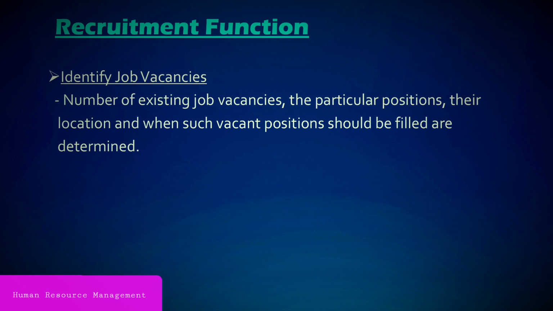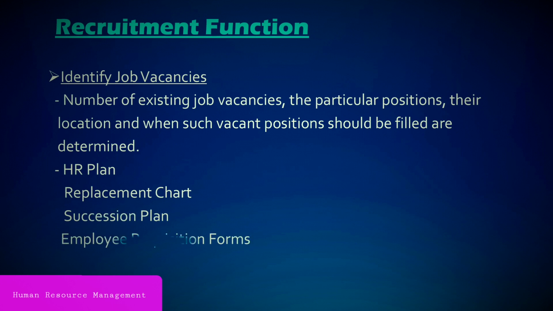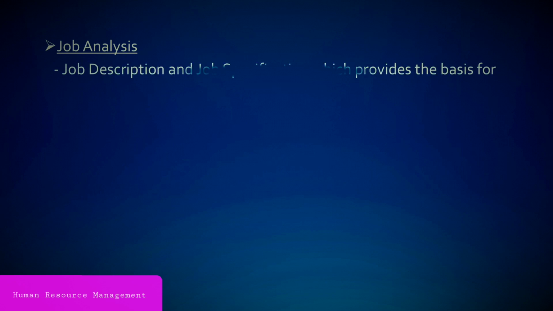For this purpose, HR plan, replacement chart, succession plan, and employee requisition forms can be used to determine the job vacancies. Then, as the second step, the HR manager has to ascertain the job requirements by considering the job analysis information. For this purpose, job description and job specification can be referred to.